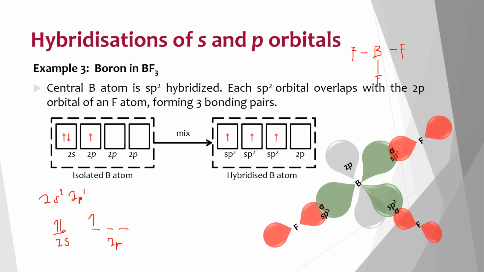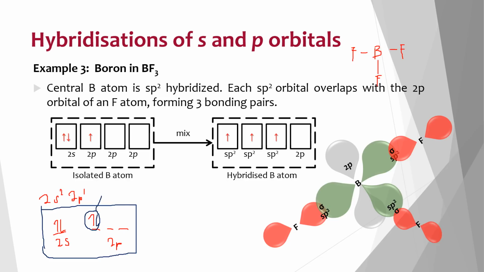In this unhybridized state, boron can only form one bond to another atom. This is because it only has one single electron. So to form a bond, it needs to share this electron with another atom so that it can form a pair and then form a bond.